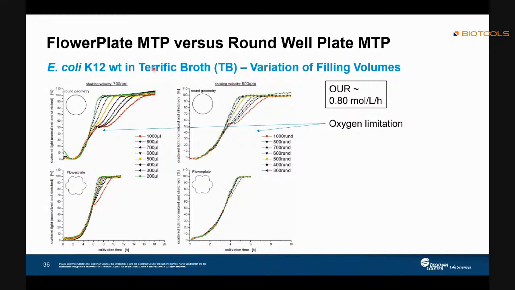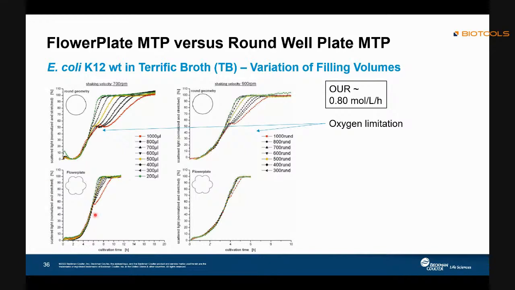difference for the measurements. The upper part uses this kind of circle well, and the lower data is the data we use for the flower plate. We can see that the y-axis is the scattering light, so it is talking about the biomass, and from a certain time you can see it goes to some kind of bottleneck where the biomass cannot increase, or the increase rate is slower.